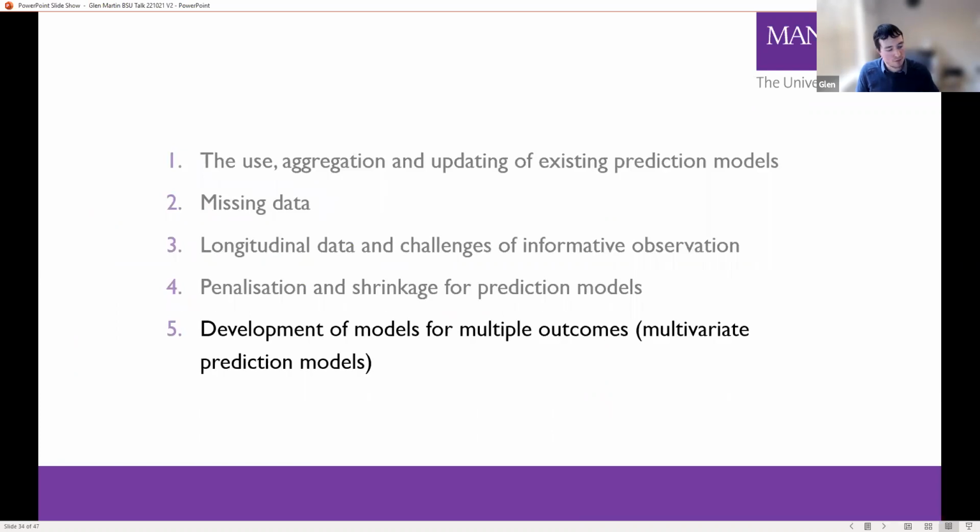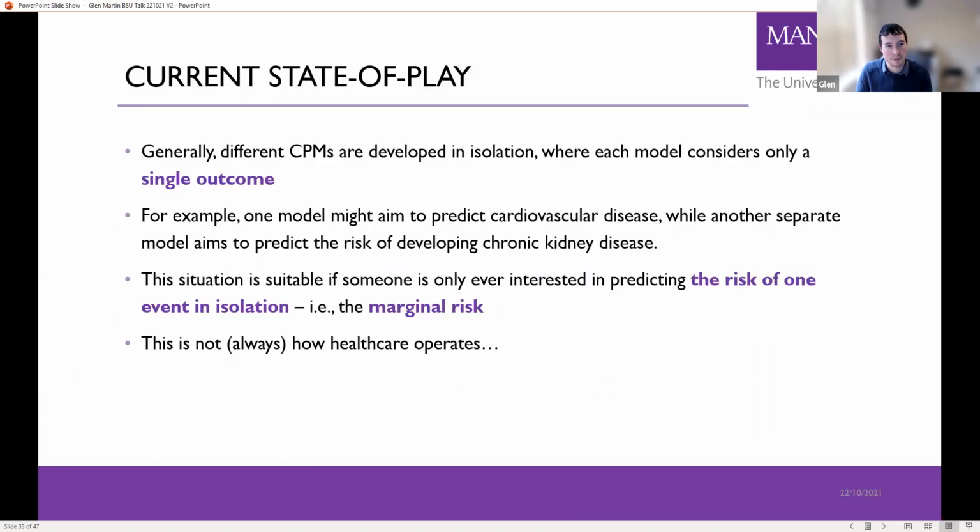Okay, so final few slides then, just on, again, a slightly different focus of mine, which is developing models for multiple outcomes, or multivariate prediction models. So the current state of play of prediction models is that they commonly focus on a single outcome.